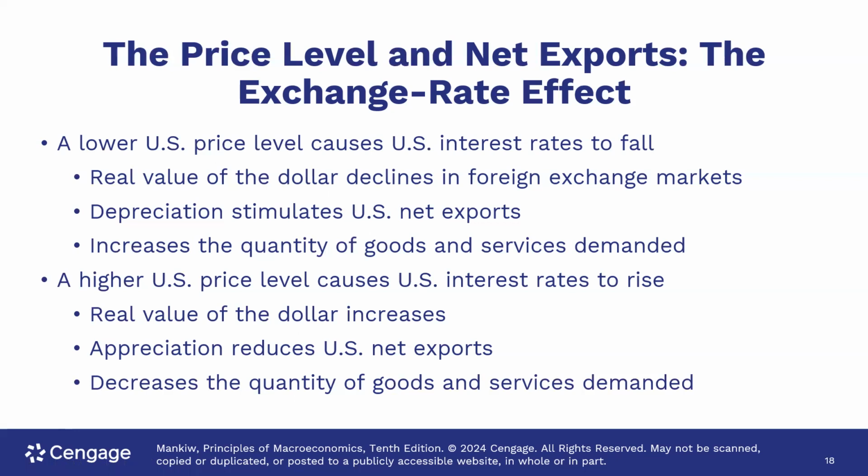So this exchange rate effect means that if the price level of the domestic economy is low, it will lead to a depreciation of the local currency and an increase of the net export.